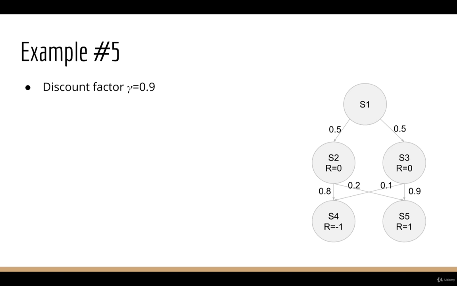So now we have two terminal states and there are multiple paths to either one. The only relevant rewards for this example are a reward of +1 if we end up in S5, and a reward of -1 if we end up in S4. Again, try this on your own and we'll look at the solution in the next slide.